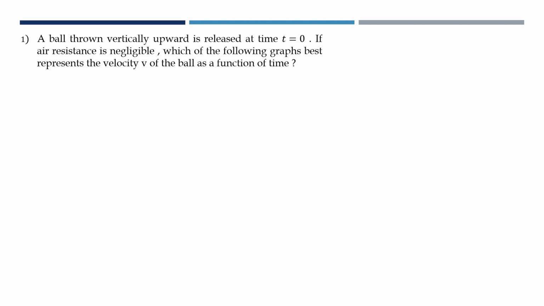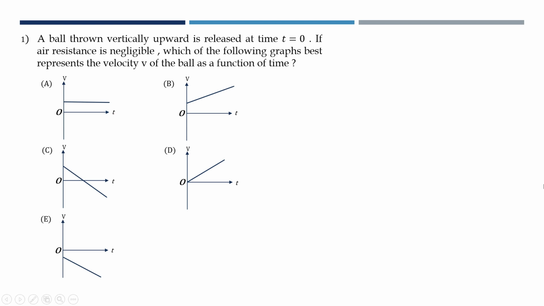We have now for question number 1, a ball thrown vertically upward is released at time t equal 0. If the air resistance is negligible, which of the following graphs best represents the velocity v of the ball as a function of time?